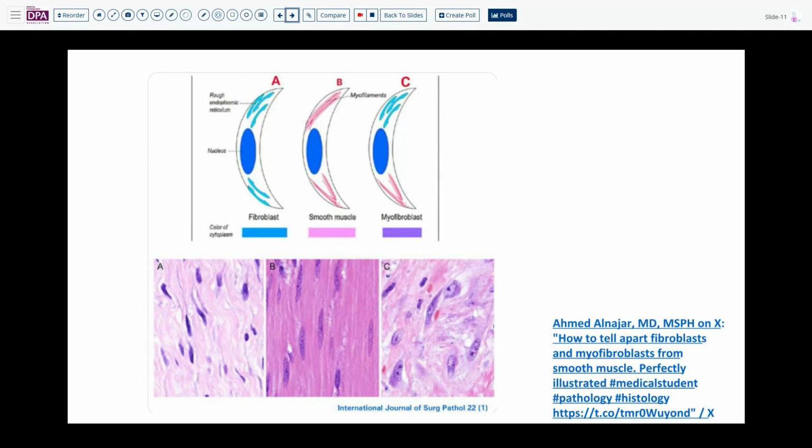Most of the cells have this nucleoli with open chromatin. And the cytoplasm is kind of amphophilic, a little bit purplish, but lighter.